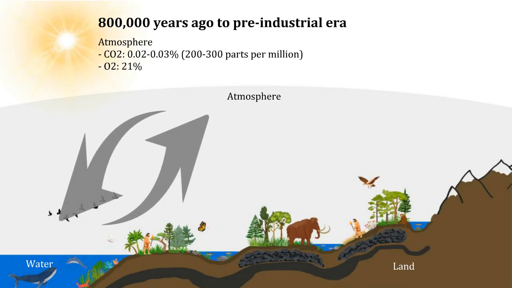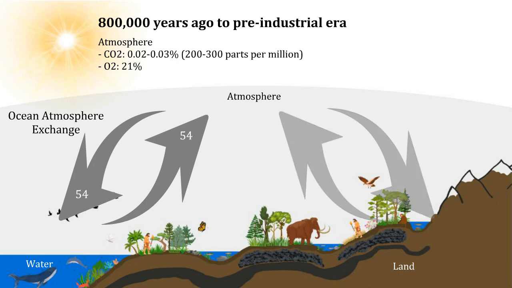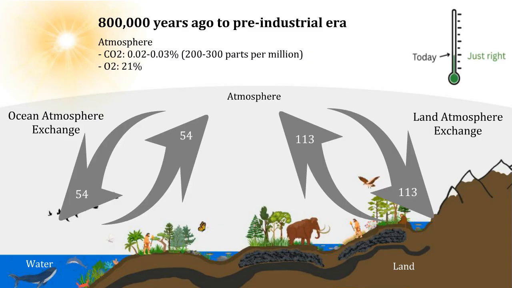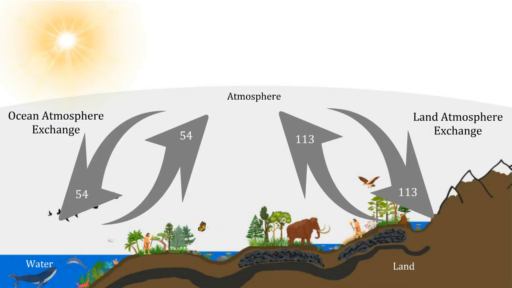Oceans absorbed and emitted about 54 billion tons of carbon each year. Land ecosystems were also in balance, absorbing and emitting roughly 113 billion tons. This balance helped maintain one of the most stable climate periods in Earth's history, conditions for human life to flourish.